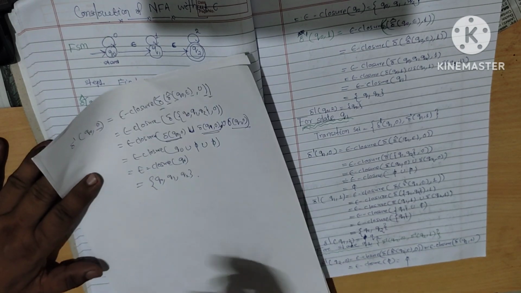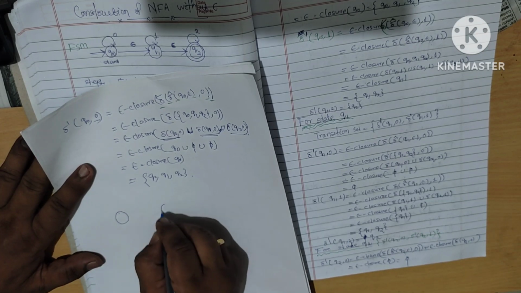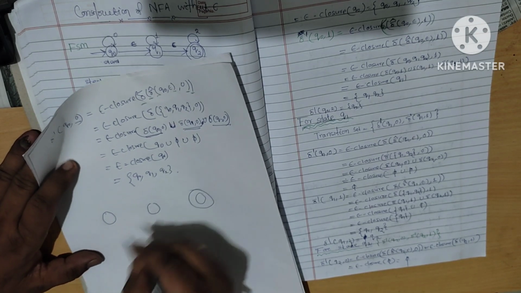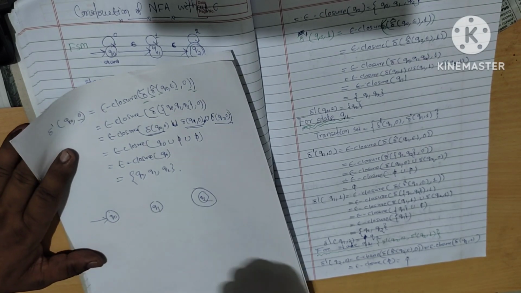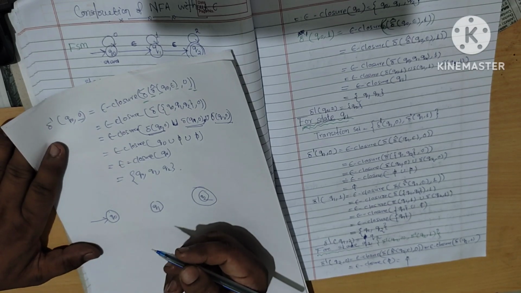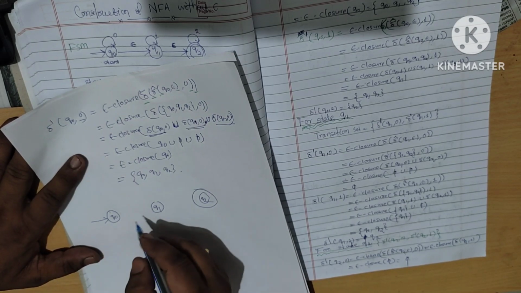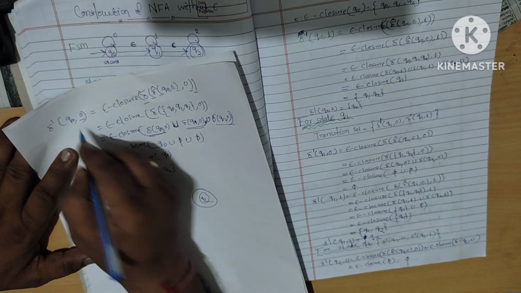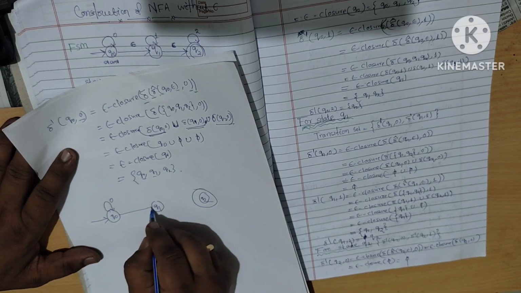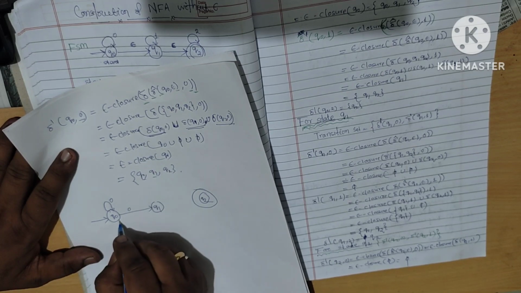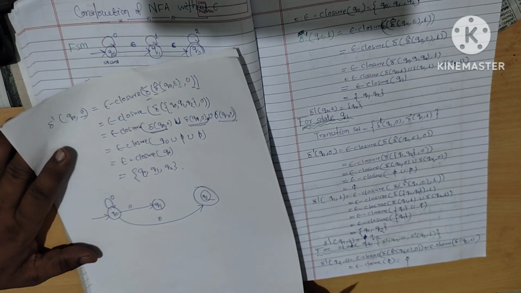So when we are trying to construct this machine, there are the same 3 states, we are not going to change them. This is q0, q1, q2. For the 0 transition, where will it go? To the same state q0, it will go to the q1 state, and it is also going to the q2 state. So this is the major part of that.